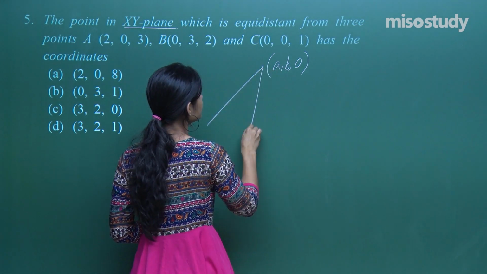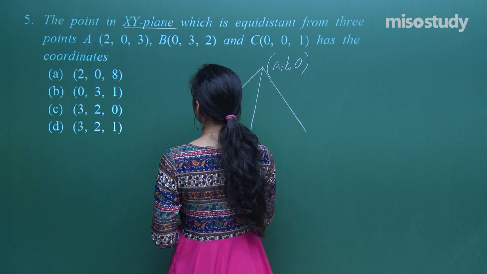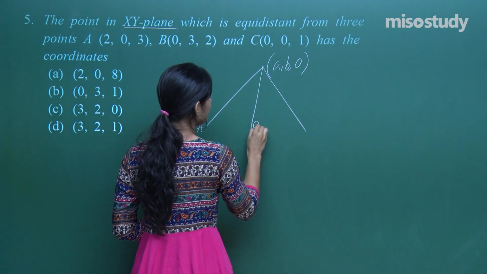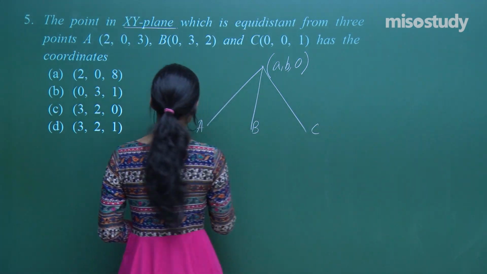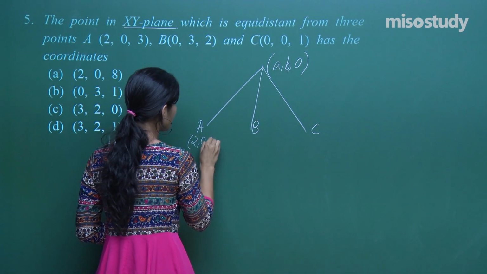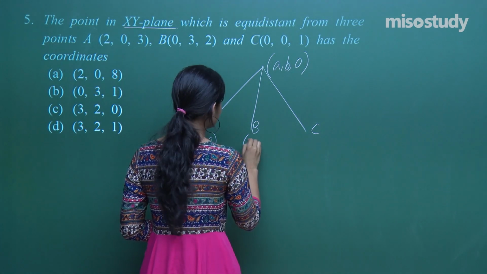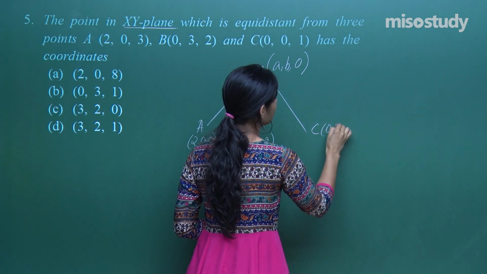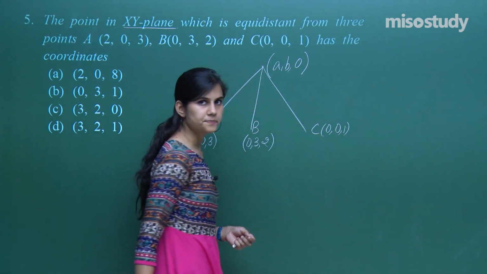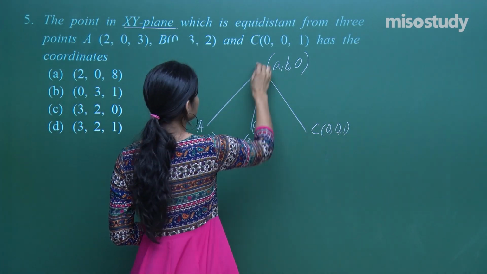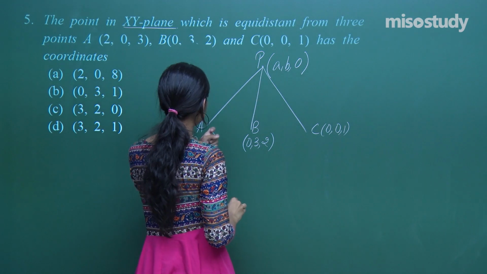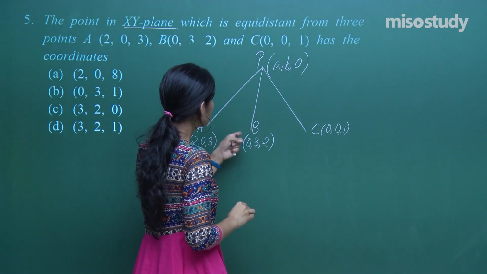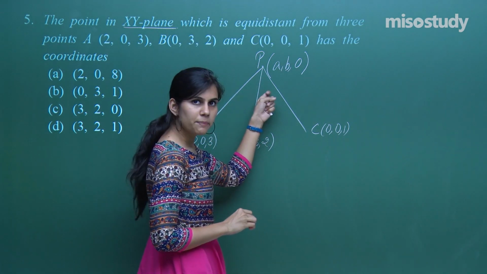It is equidistant from 3 points A, B and C. A is 2, 0, 3, B is 0, 3, 2 and C is 0, 0, 1. You know that if I say this is P, AP is equal to BP is equal to CP.